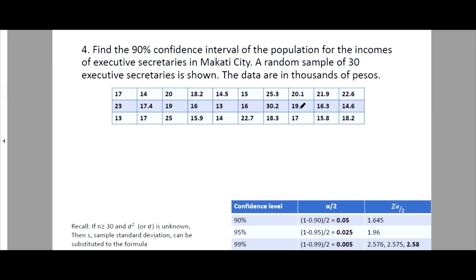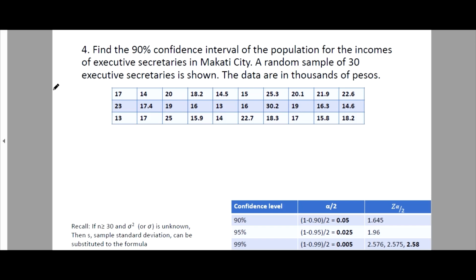Next, find the 90% confidence interval of the population for the incomes of executive secretaries in Makati City. A random sample of 30 executive secretaries is shown. The data are in thousands of pesos. Now, let's look at the given.